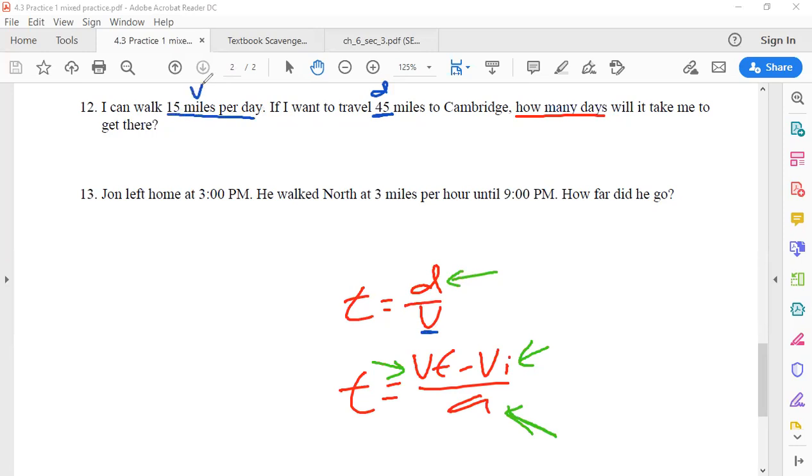Speed it gives me. So if I want to know how long it's going to take me to get there, first of all, we're going to use our T equals D over V equation. Okay. And then we just divide the miles by the miles per day to find out how many days. We take 45 miles and put it here.